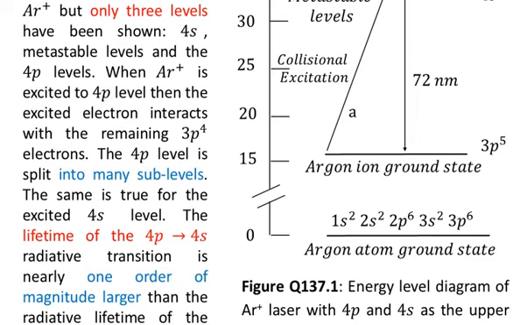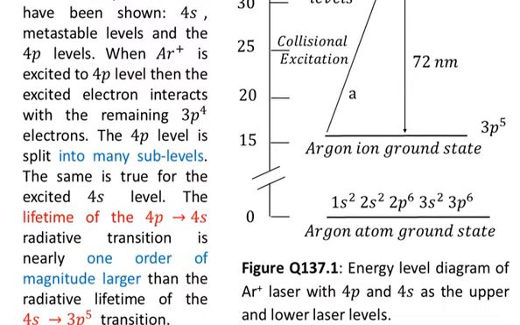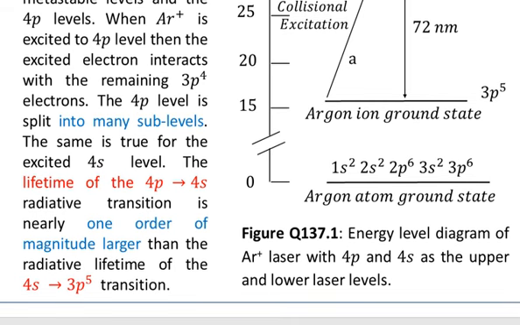So you see that if we consider the lifetimes, then the lifetime of the 4p to 4s radiative transition is one order of magnitude higher than the lifetime of the transitions from the 4s to the ground level of the argon ion.